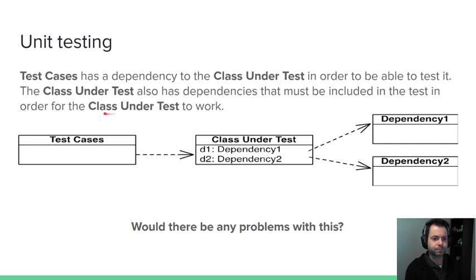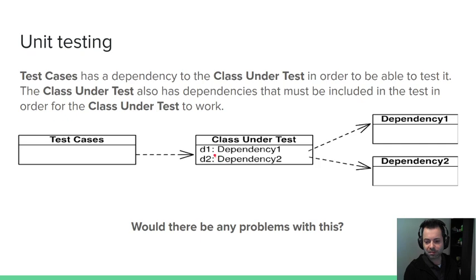So again, unit tests we've talked about a lot. I'm not going to go into a lot of detail, but there's one gotcha that I want you all to think about here. I've got a question on the next slide, so be prepared to be asked and be stared at if I get no answers. Here we have a unit test being performed on some particular class. We have some test cases and our class under test.